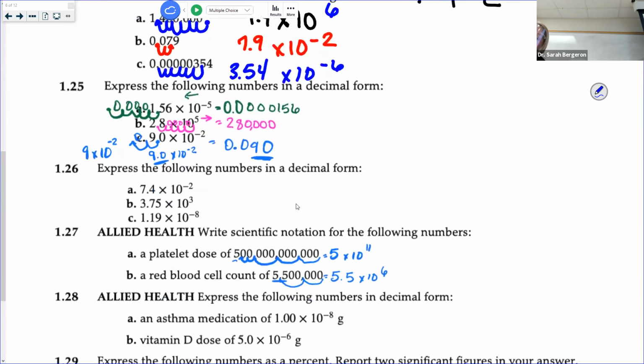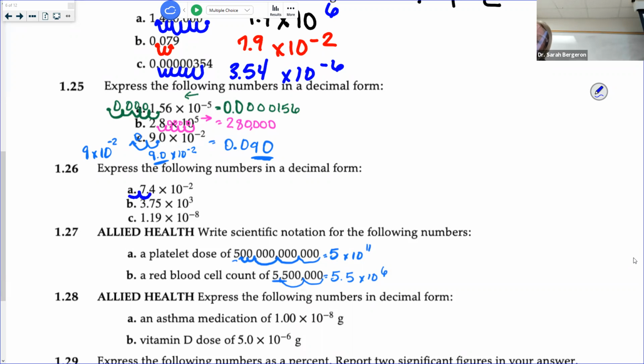So you also need to be able to start with scientific notation and convert to standard notation. So what do I do? The exponent tells me the number of times my decimal place moves. If it's negative, you should end up with a number that is less than 1. So what direction is my decimal going to move?